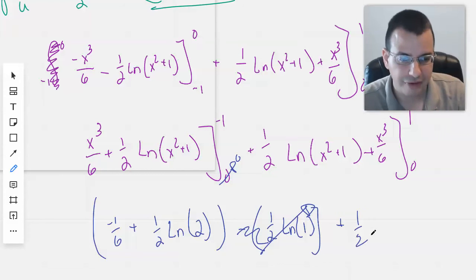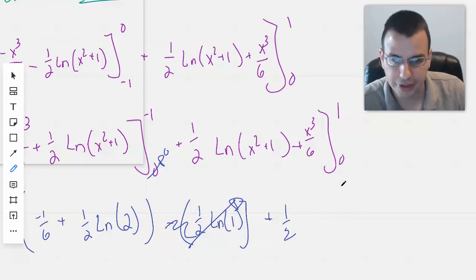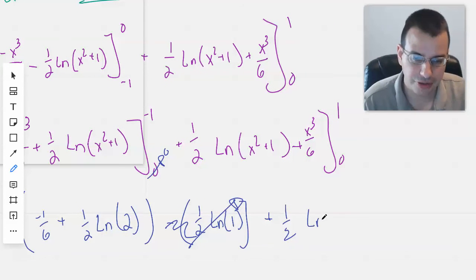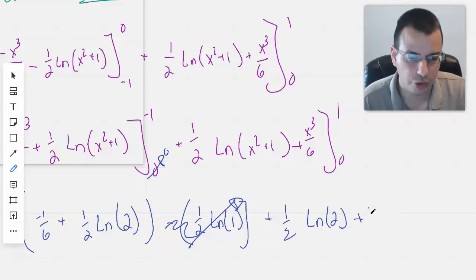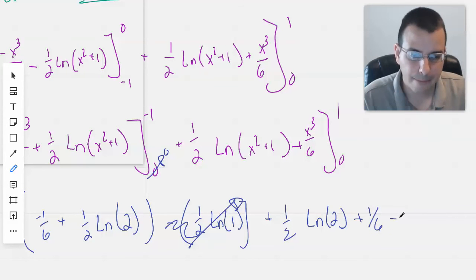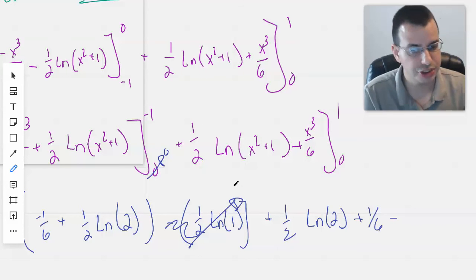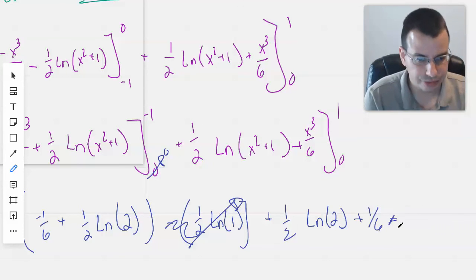Plus 1/2. Now we're going to do the 1 over here. So we'll plug in 1, which will give us natural log of 2 plus 1/6. Minus, plug in 0, get 1/2 natural log of 1, which is 0, plus again 0.